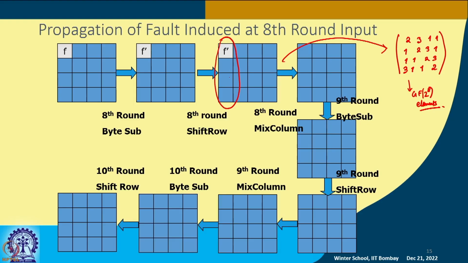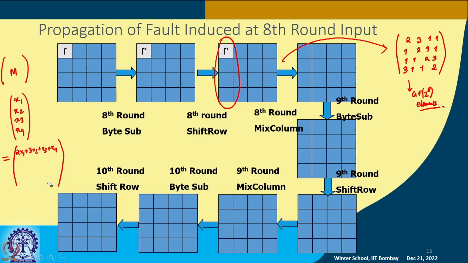In the first column, the column in the correct case was, say, x1, x2, x3 and x4. If I take this column and apply the mix column matrix, which I am writing as M for brevity, then this column will get transformed into 2x1 plus 3x2 plus x3 plus x4.